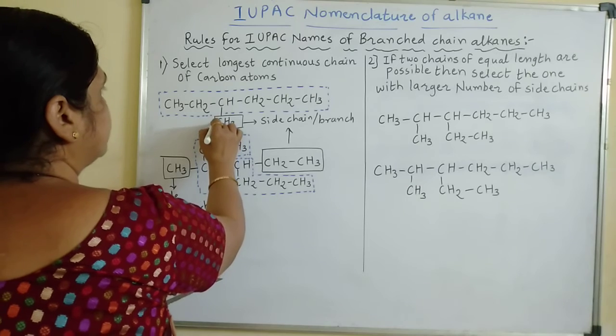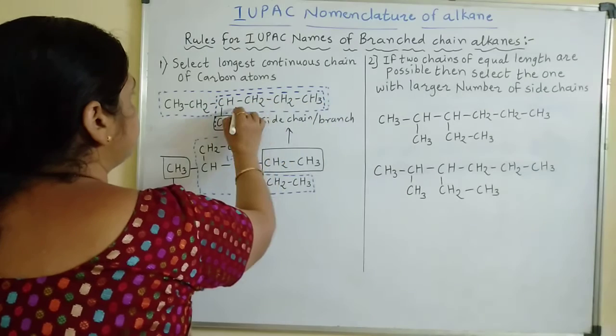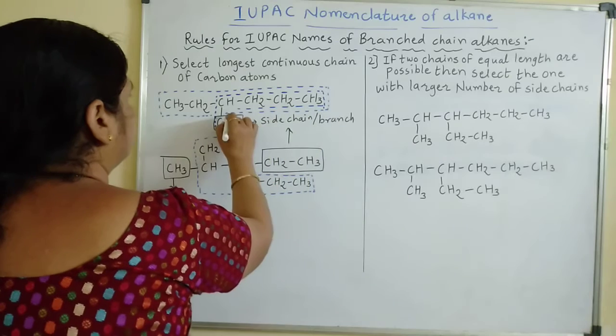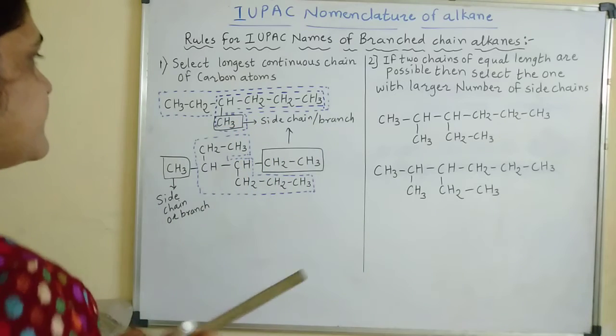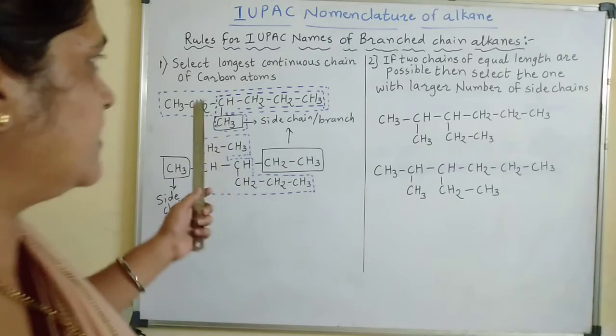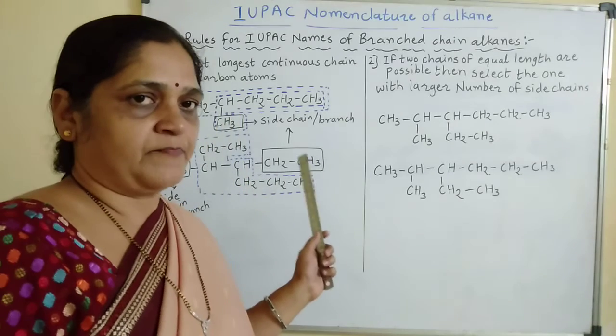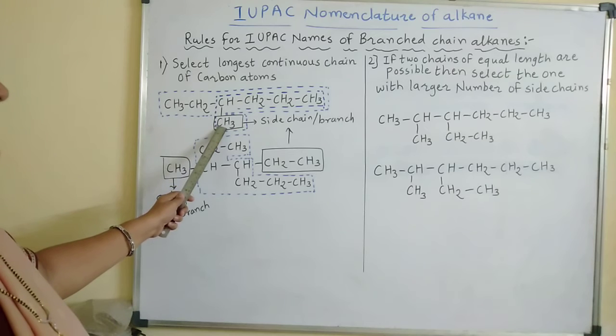Because the longest continuous chain need not always be straight, you can select the chain in this way, including this carbon atom.